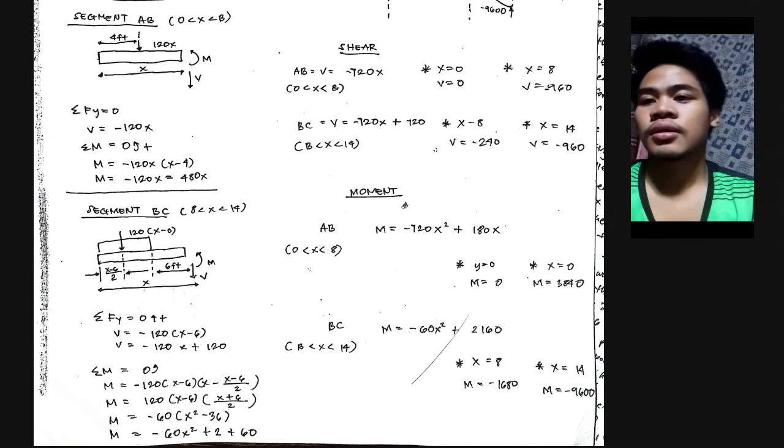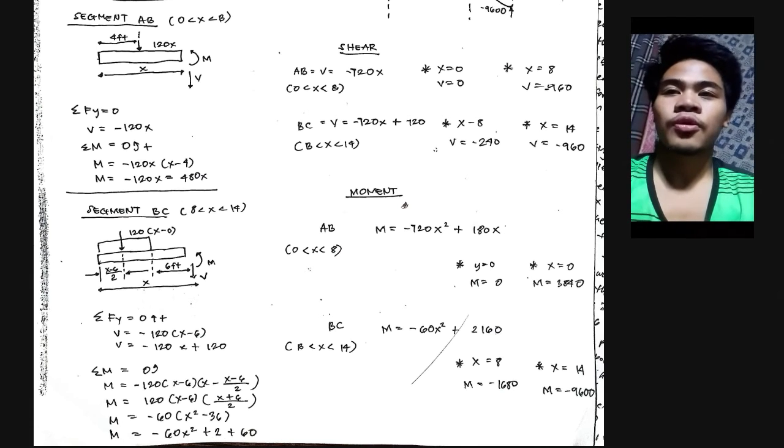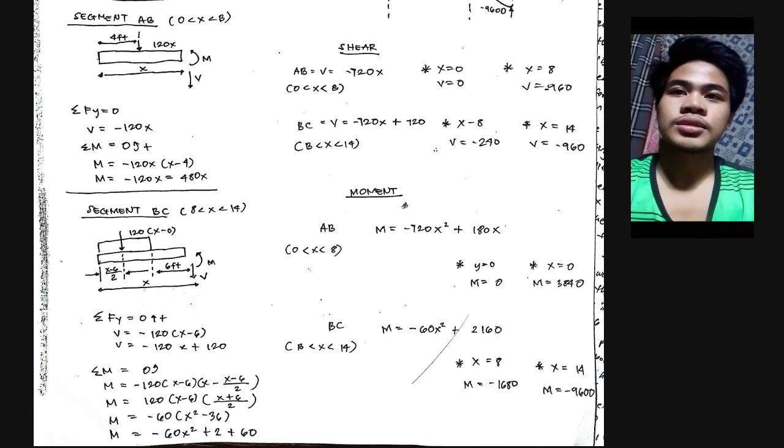And for x equals 14, we get V equals negative 960 here.